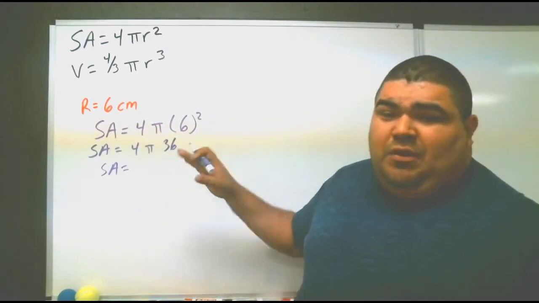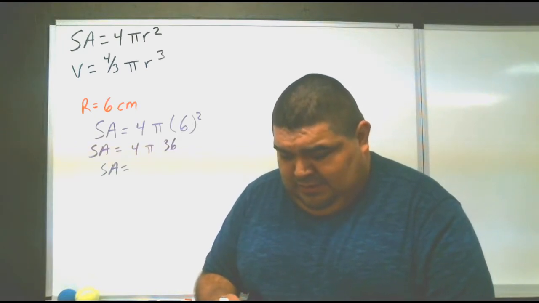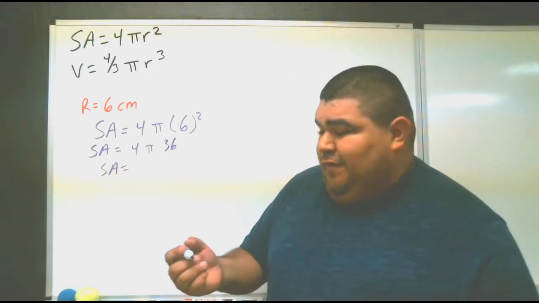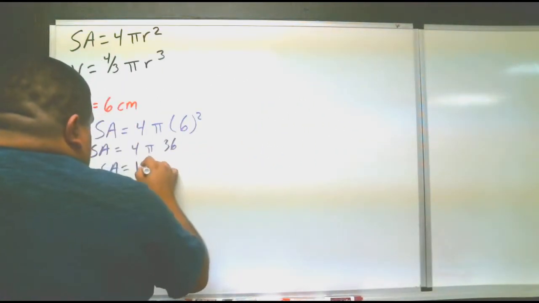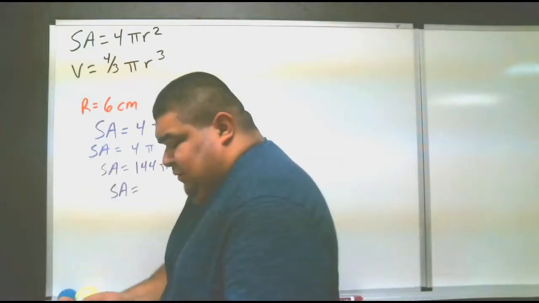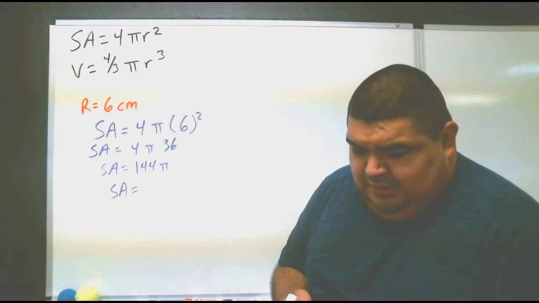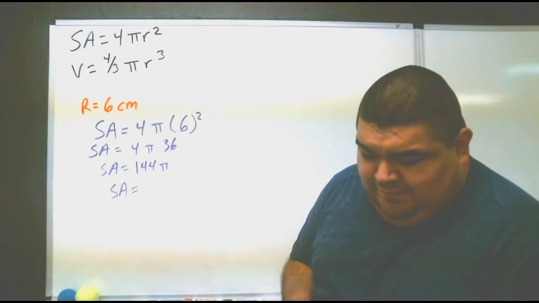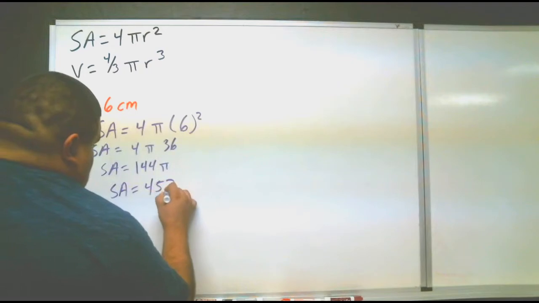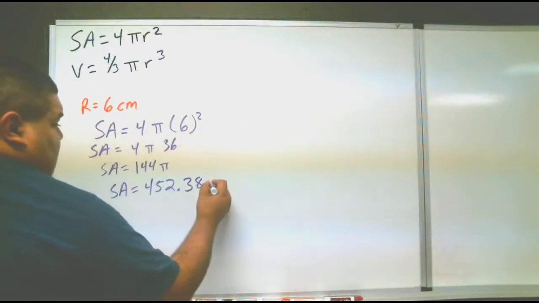Again, you can plug it in like that on the calculator as well. So I'm going to go with 36 times 4, 144. So our surface area equals 144 times pi, which is 452.38 and the next digit is a 9.